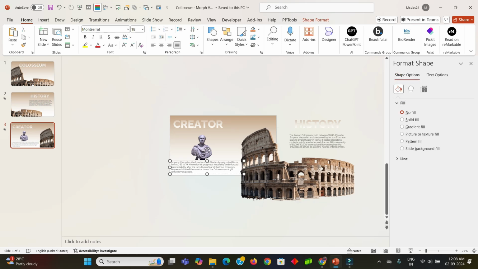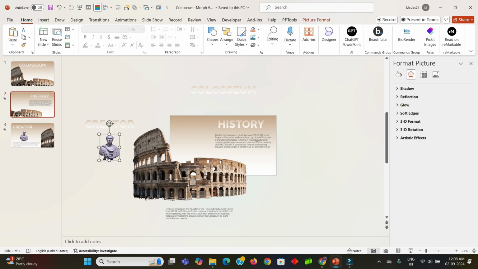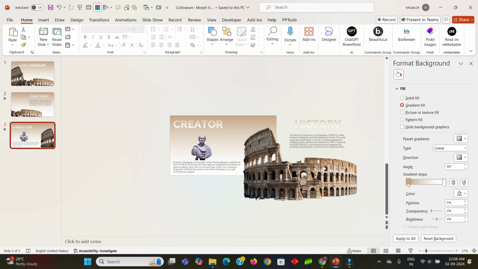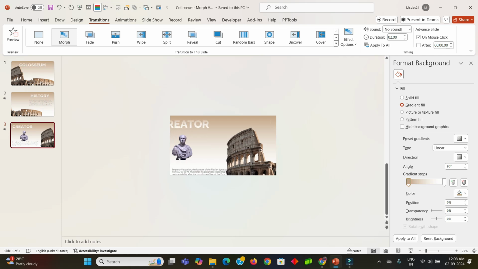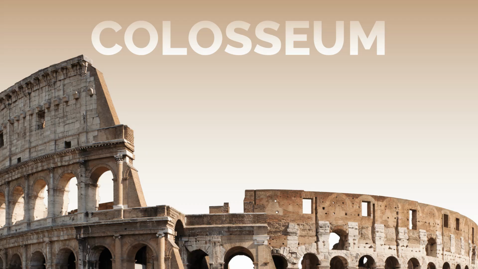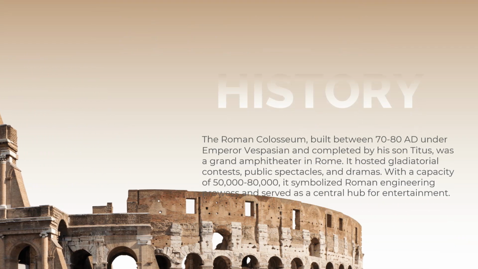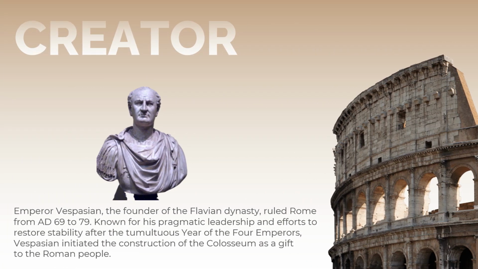Now if you ever make any adjustments in slide 3, make sure to do the same adjustments for either text or image in slide 2 as well. Now check with the morph transition. It works perfectly. Let's see from the beginning. Alright.